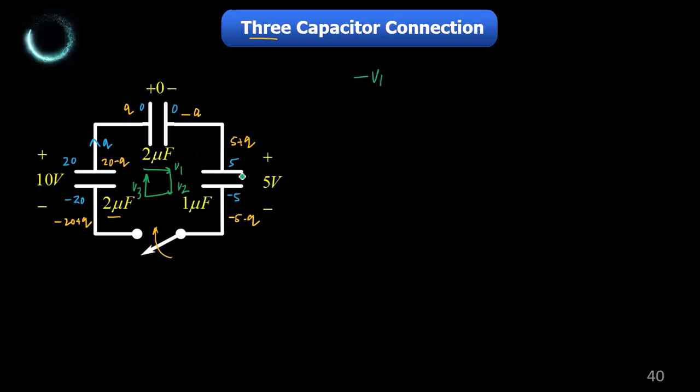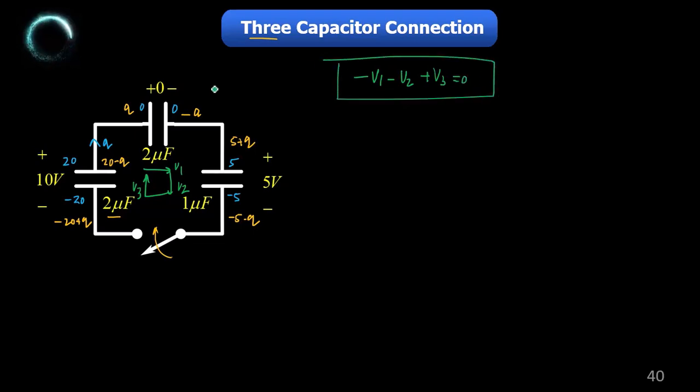From V2, again positive to negative, so minus V2. For V3 I am moving from negative to positive, so plus V3. That should equal 0. So V3 equals V1 plus V2. This is the potential difference equation.